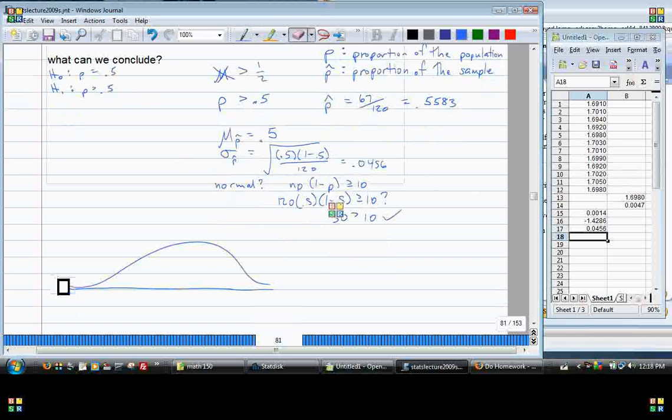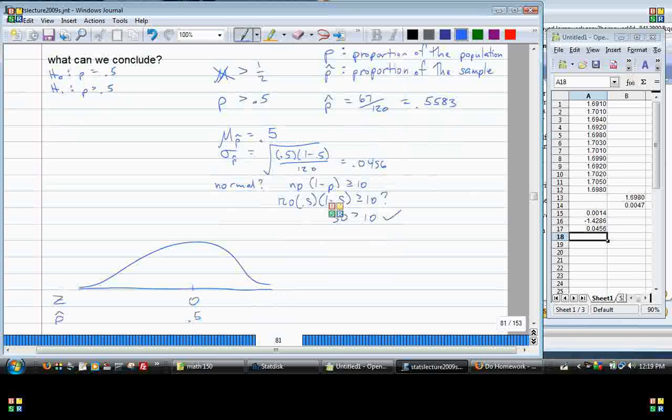So here's the picture. What do we label? Zero in the middle for what? Z. Next, we're going to have z values, and we're also going to have what kind of values? P hat values, absolutely. So for p hat, what number goes in the middle? Right. The 0.5 goes in the middle because it's the mean.